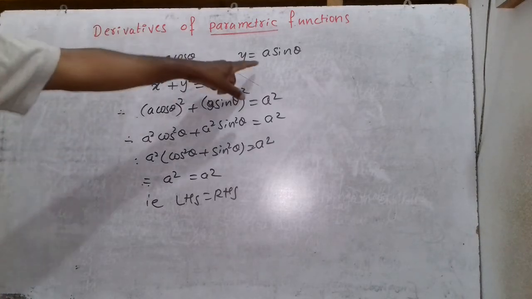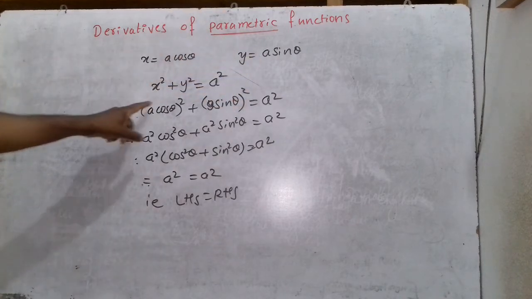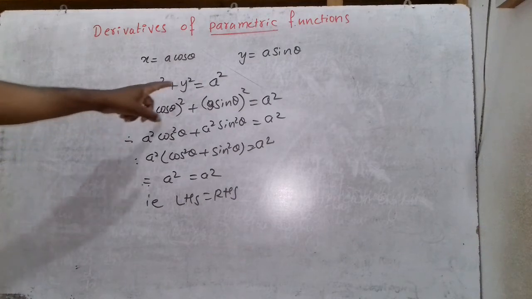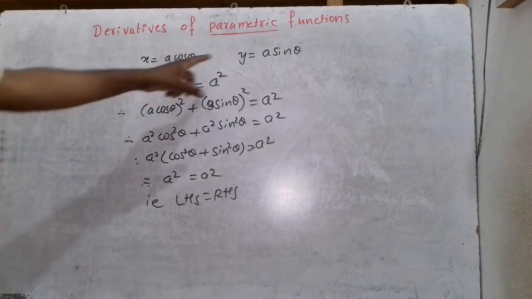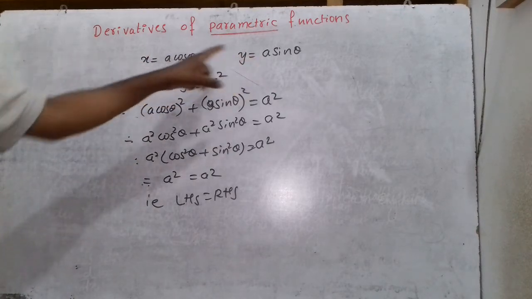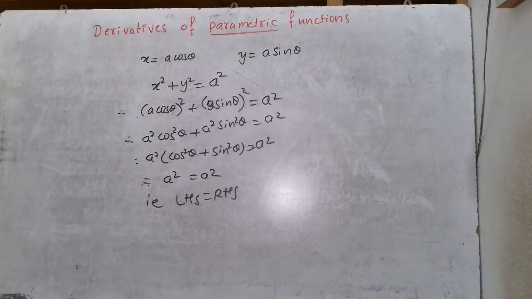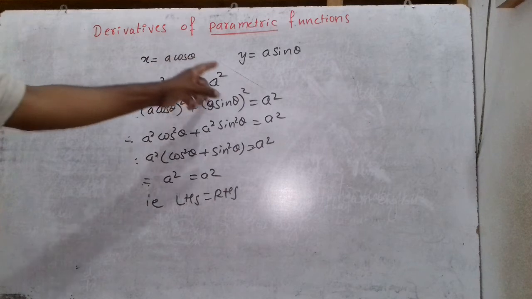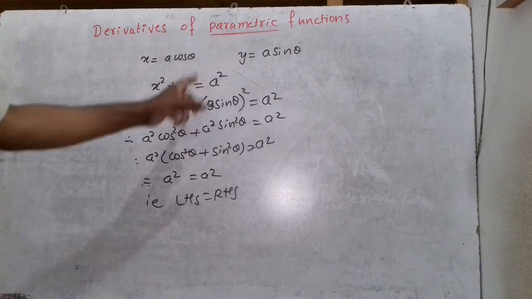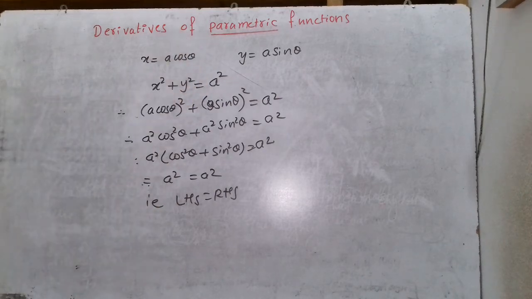Therefore these two equations are known as the parametric equations of the circle, whose common parameter, that is the third variable common for both x and y, is theta. So theta is known as the common parameter.